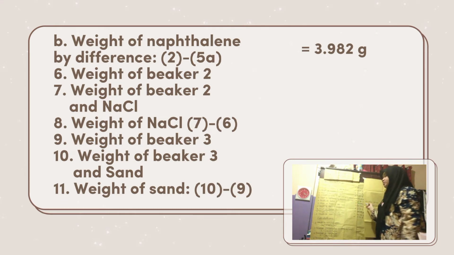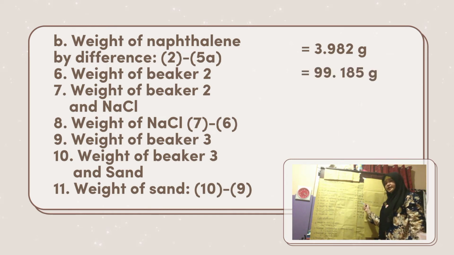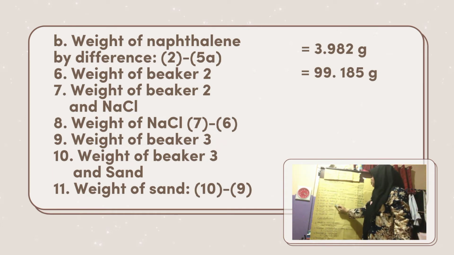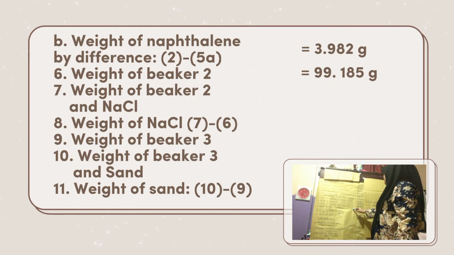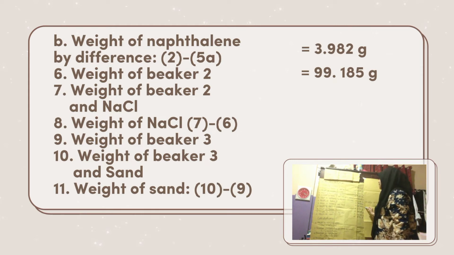Then, let's proceed to the weight of beaker 2. For the weight of beaker 2, we have the given weight, 99.185 grams. Then the weight of beaker 2 and sodium chloride is also given.